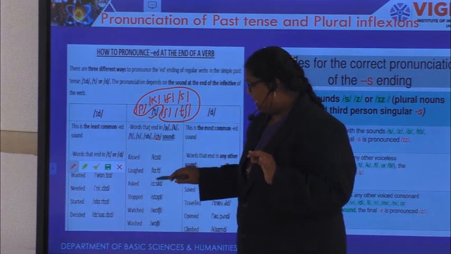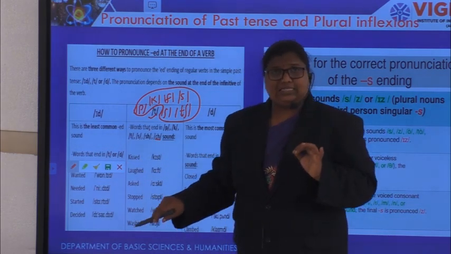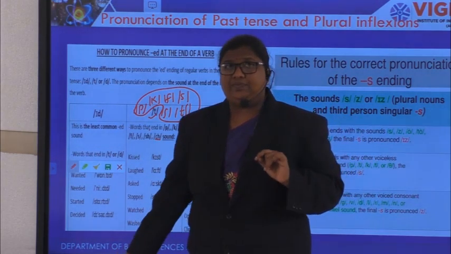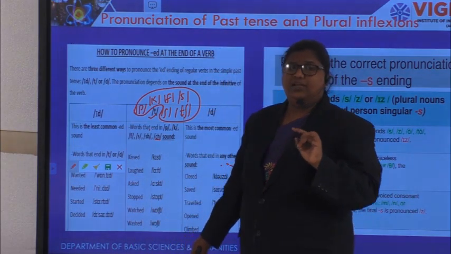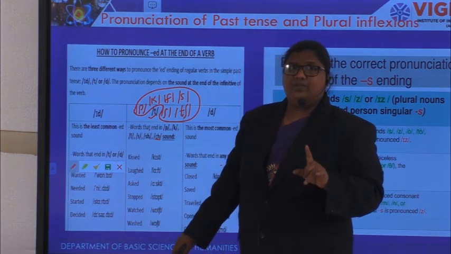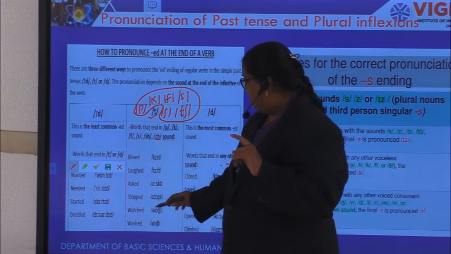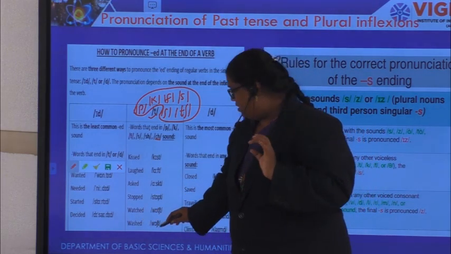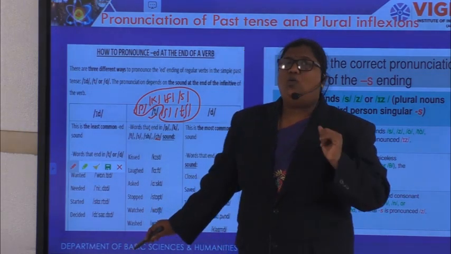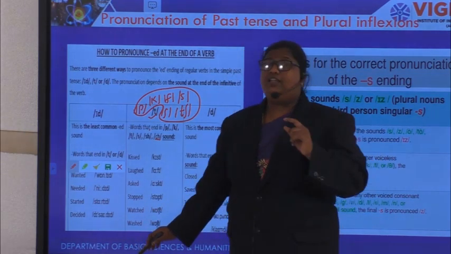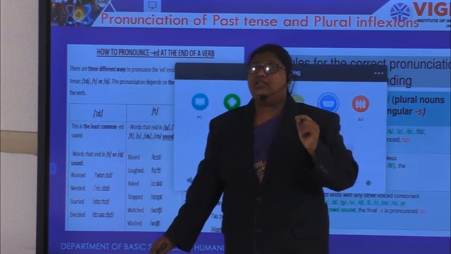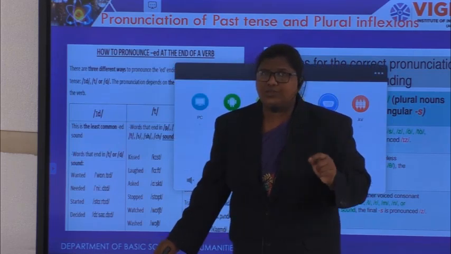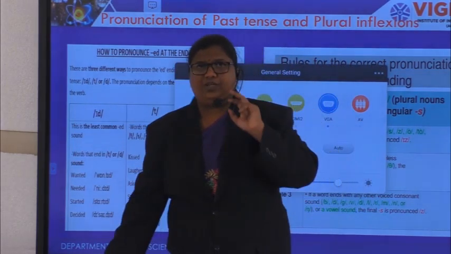See the transcription beside that. Asked. It's not asked with a d, it is asked with t, because k is the ending. Then washed, watched. It is not washed with d, it is t sound. Washed, watched, like that.